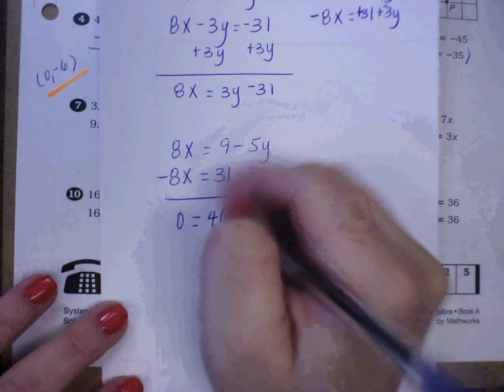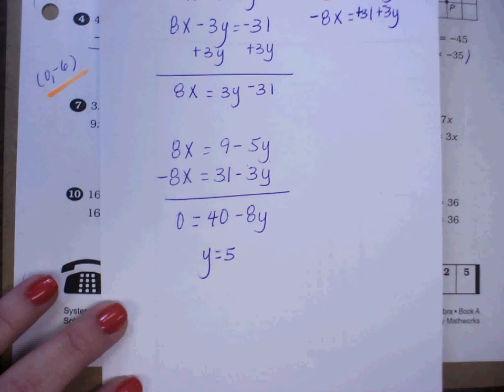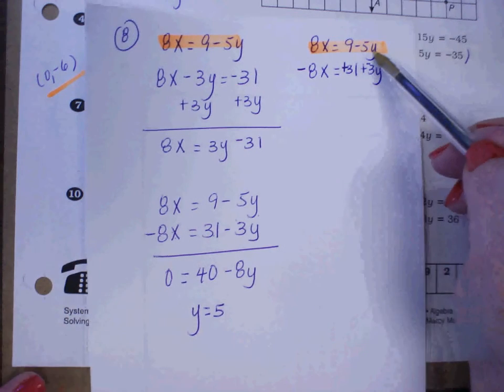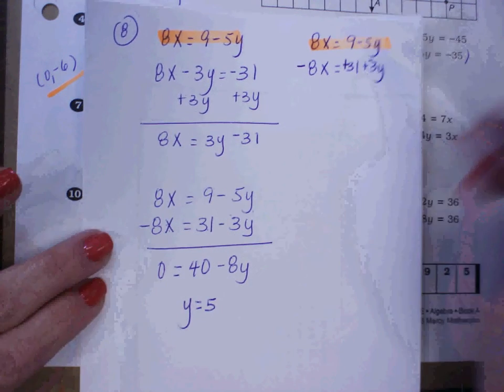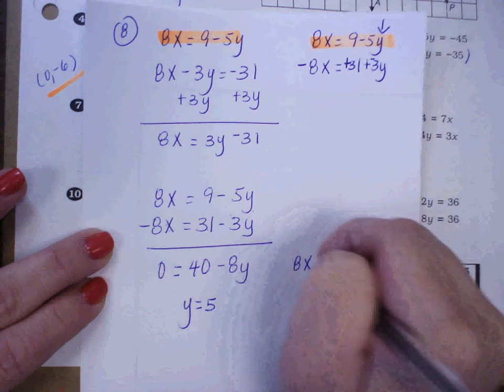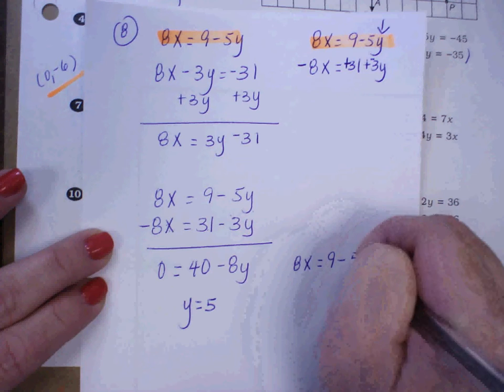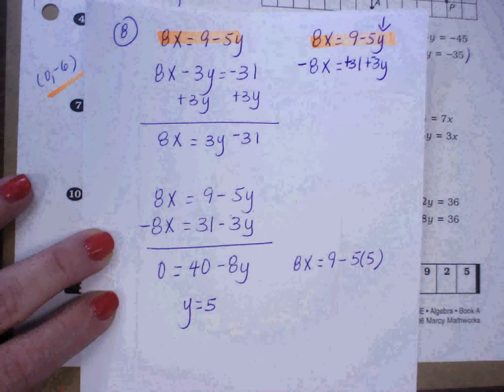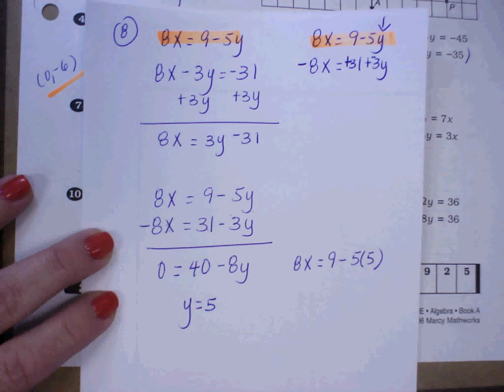All right, now remember, I highlighted this one at the top because that's the one where I want to substitute, right? So that will be 8x equals 9 minus 5 times 5. That will be 9 minus 25. I think that's negative 16. I think x equals negative 2. Double check.